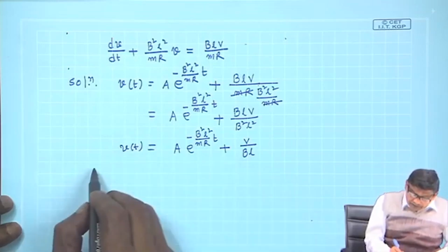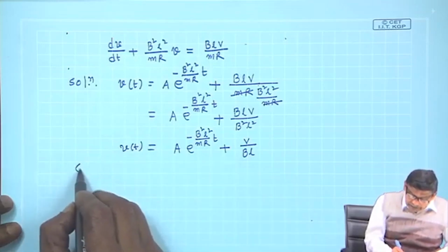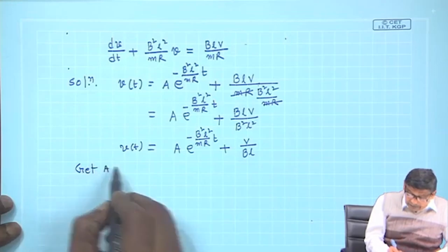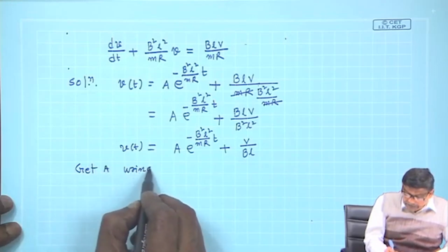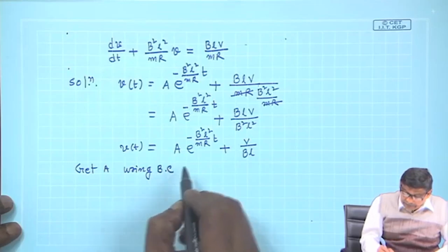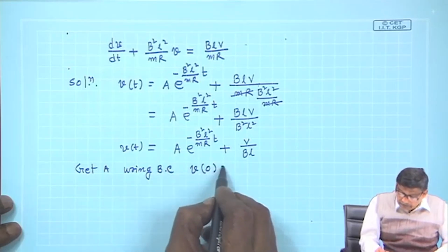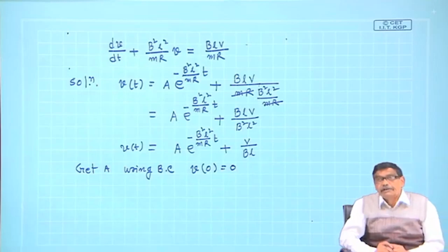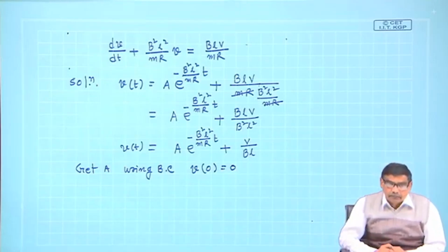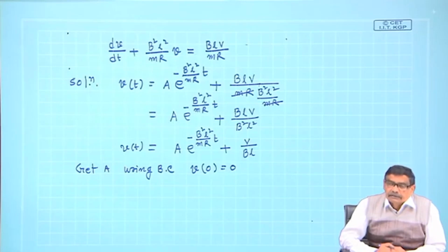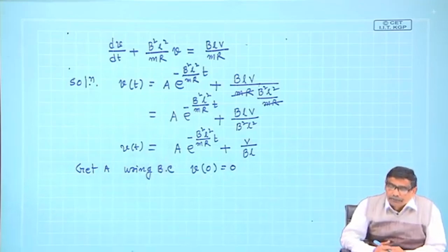Now, to determine constant A, we use the boundary condition that V 0 is equal to 0. See, velocity of a mass cannot change instantaneously. So, at t equal to 0 minus, velocity was 0. At t equal to 0 plus, although there is some current flowing in the conductor, velocity cannot change instantaneously. That is what inertia means.